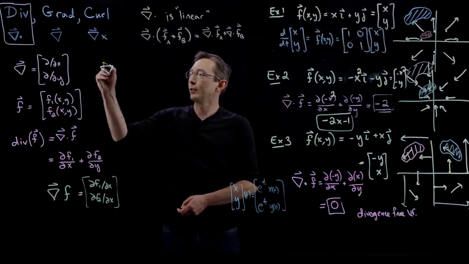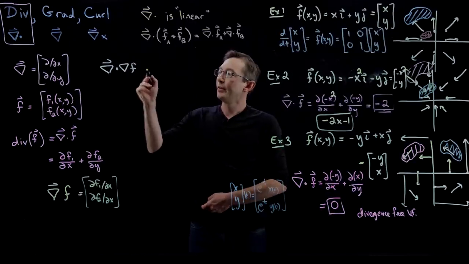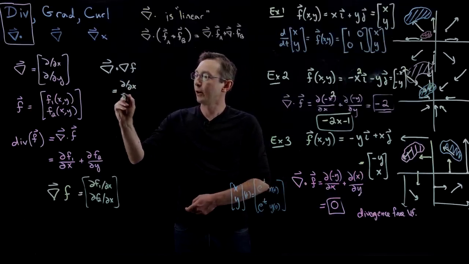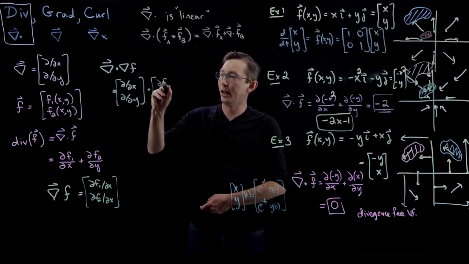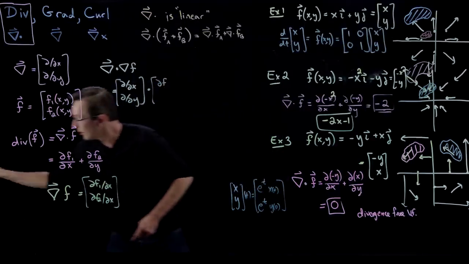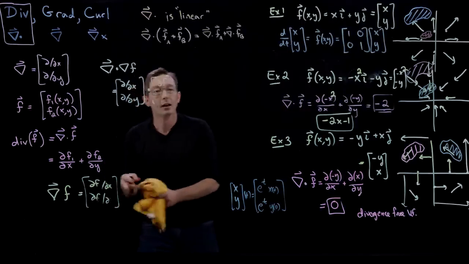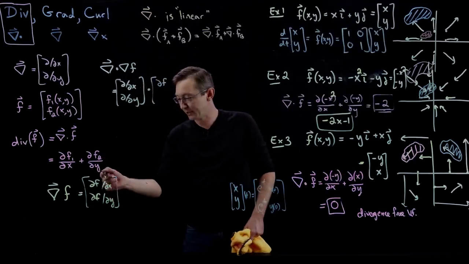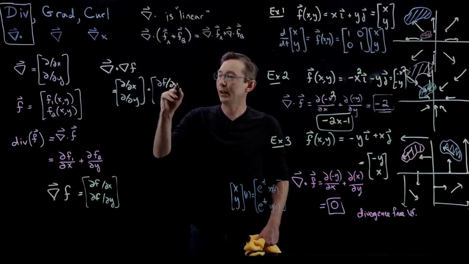If I take the divergence of the gradient of a function f, then this equals the dot product of partial x, partial y with the gradient of f, because f is a scalar. Pardon me, I botched this up. This is partial f partial x and partial f partial y.